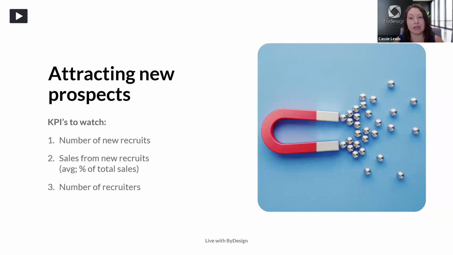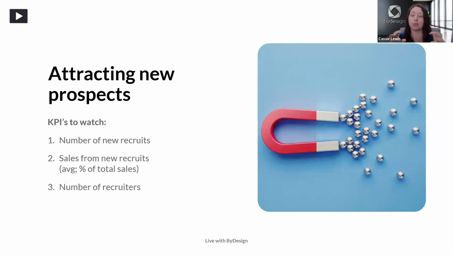So this is a really interesting KPI because your recruiters, those that are actually sponsoring the new people that come into the business, are likely going to come primarily from your established field reps. Okay. But if you notice over time that fewer and fewer of your reps are actively recruiting, then I would say that is a red flag.